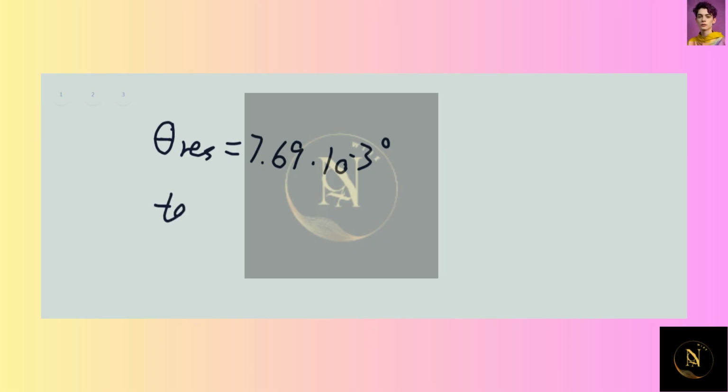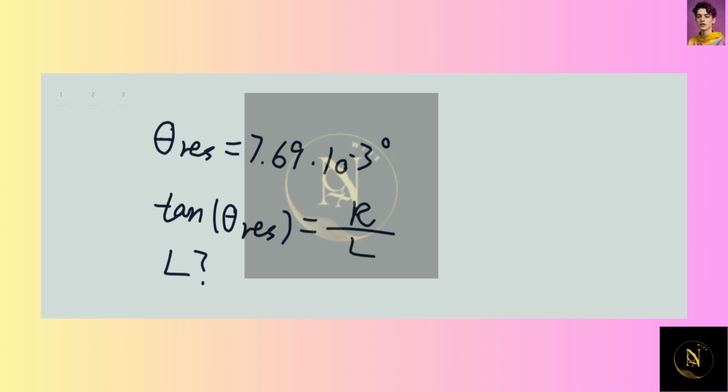We also know there's another formula like this, which is tangent theta resolution is equal to R over L. In this case, the R here is the distance between two headlights, and let's assume it's like 1 meter. And L here is the furthest way we're trying to measure. So L is unknown, we're trying to figure out L.